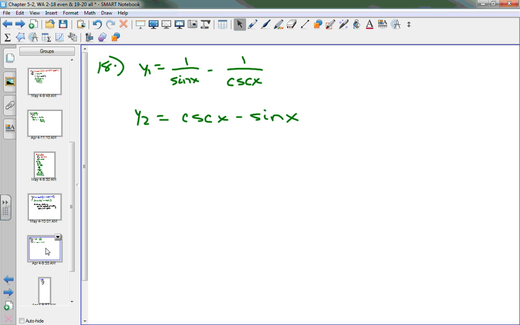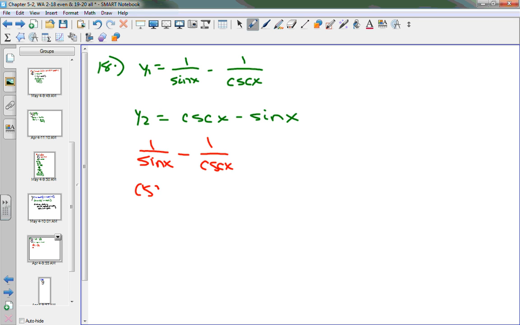18 is where there's the 3 steps. Step 1, graph it. Step 2, do the lovely little table. And step 3 is going to be what? Prove that y1 is equal to y2. Okay, so let's do that. Now, what is 1 over sine of x?